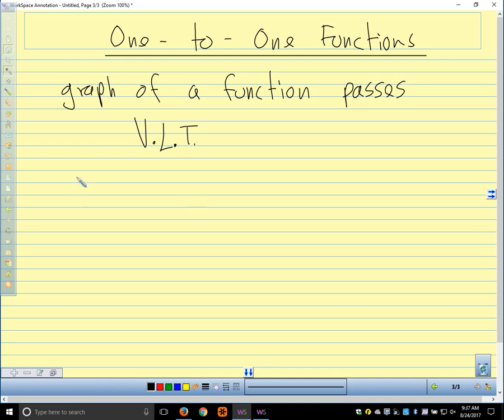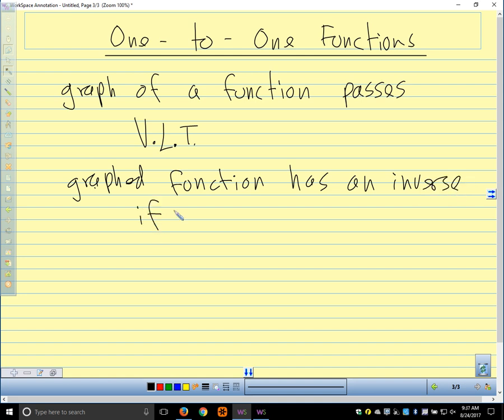A graphed function has an inverse if... how do we tell, if we have a graph and we know it's a function, whether that function has an inverse?